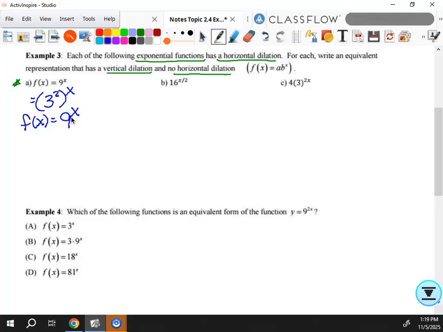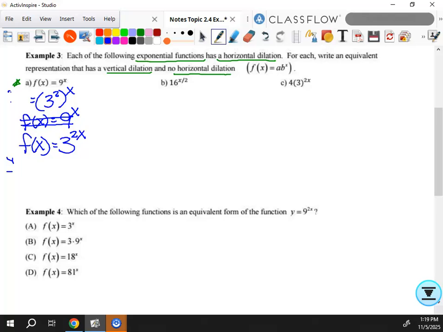And then I was like, well, I'm not wrong, but did I even do anything? No, I just went back. This is where you start going in circles. Like I could do that all day long. I'm not wrong, but I didn't do anything. So clearly not what I intended to do. But what I really was trying to do was make it look different. And this can become a 3 to the 2x power. Okay. We go with that? So it didn't have a horizontal dilation, now we do. So it's kind of the opposite of what the instructions say.